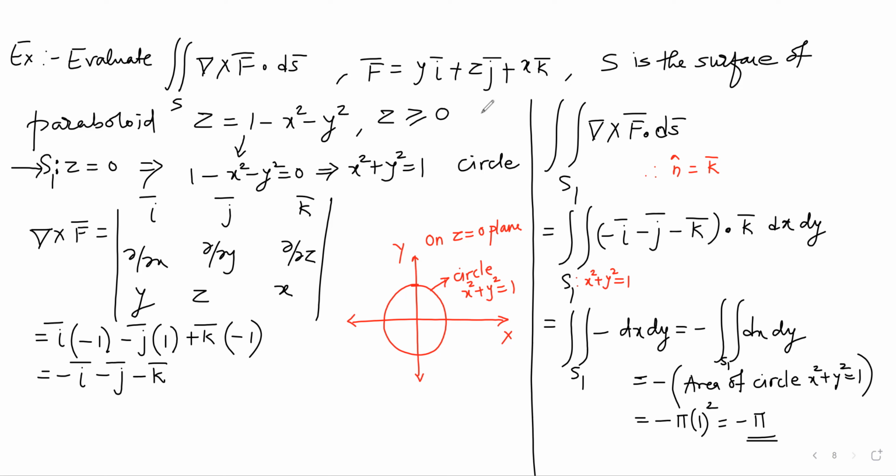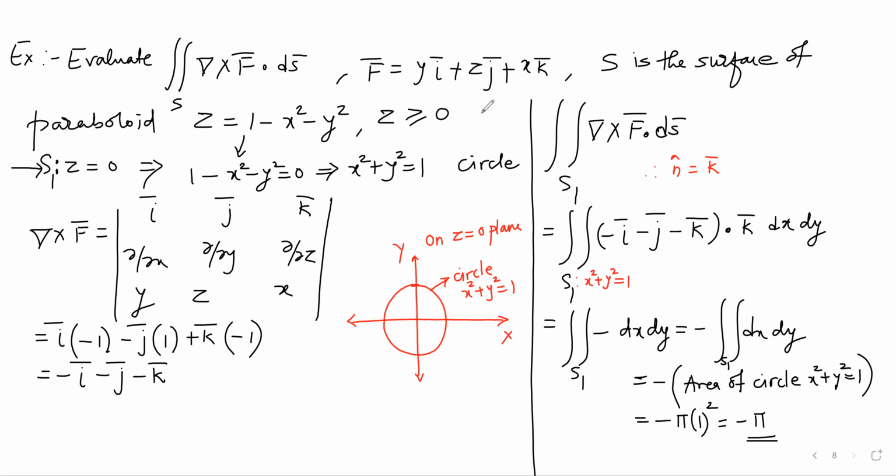So you can see that the question can be solved very easily. Del cross F bar will be provided, and then this is a very simple thing: when you substitute k bar, n cap you have to find out in this case.